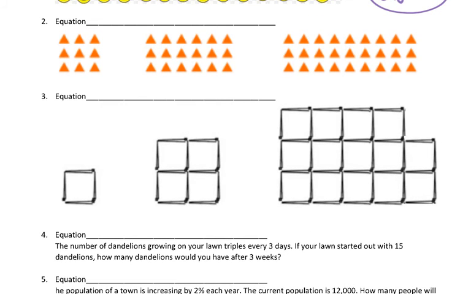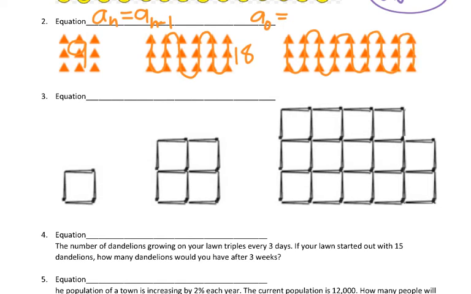Okay, so I know it's going to be a sub n equals a sub n minus 1. And then a sub 0 equals. So I go from, looks like I have 9 here, right? 18, 27.